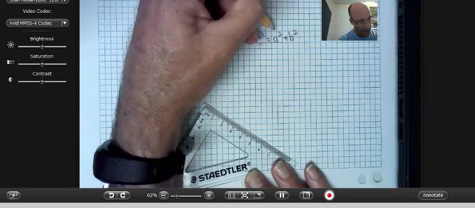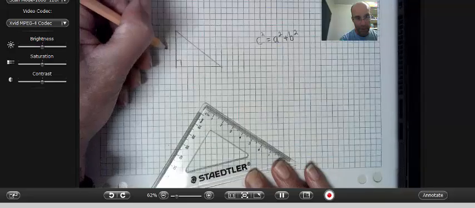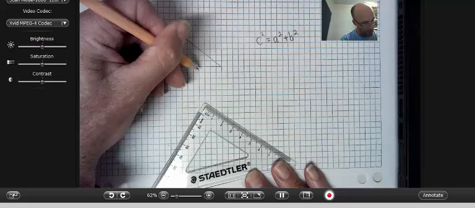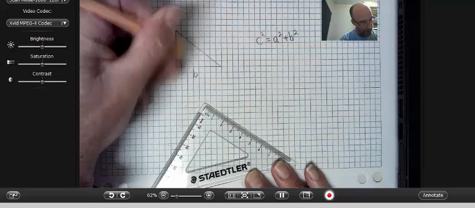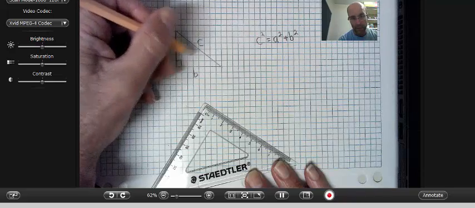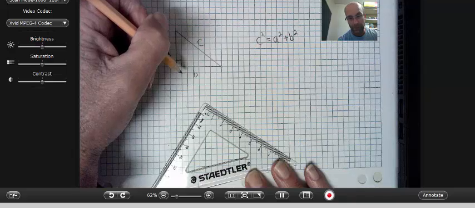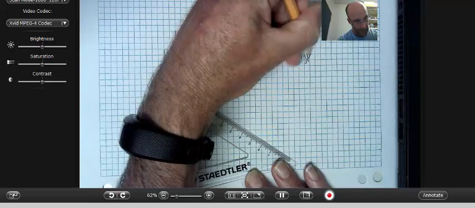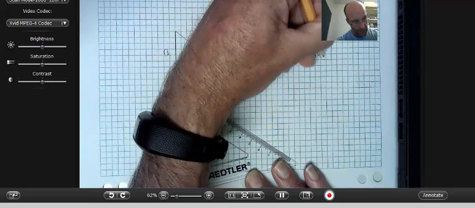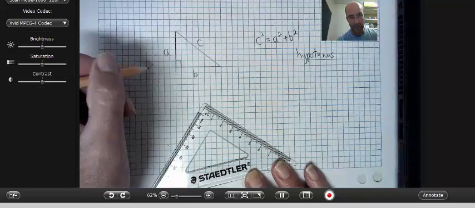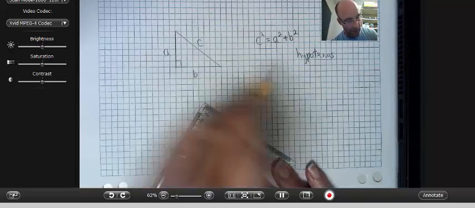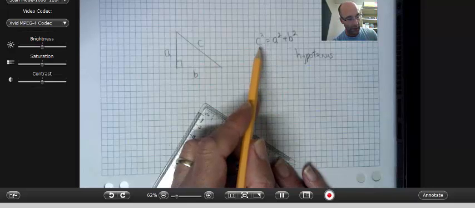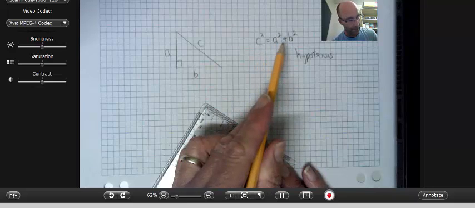A, B and C are the lengths of each line, so we would call one of the short sides A, we would call one of the other shorter sides B, and the longest side, which is also called the hypotenuse, that's called C. To find the length of C squared, we add A squared plus B squared.